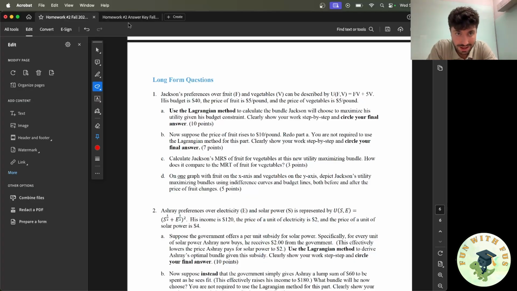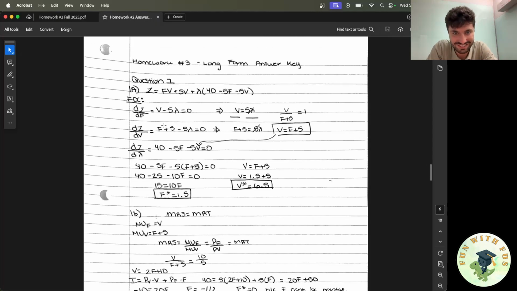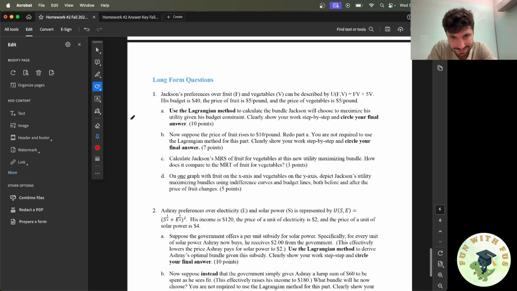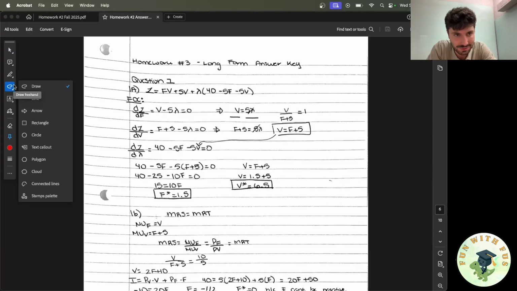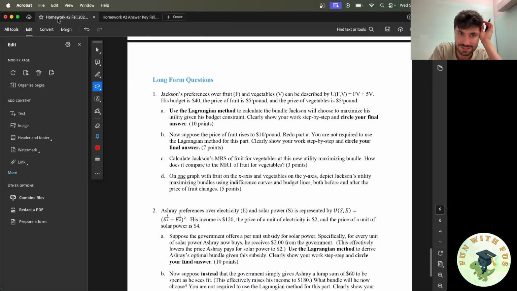So I really don't want to write out all of the Lagrangian garbage that's going on here. So I'll do my best to draw your attention to the most important pieces of how to set up a Lagrangian equation if you feel unconfident with that.